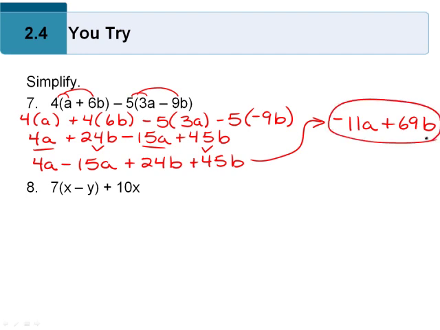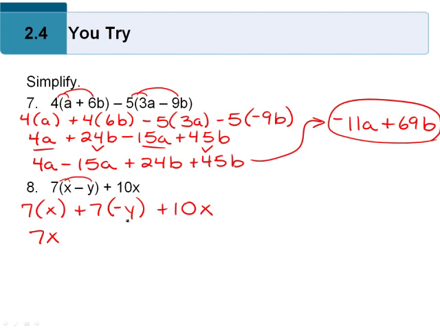Okay? And the last one. Yay! We're going to distribute the 7 times x minus y, and then eventually add on the 10x. So if we take 7 times those two terms, we're going to have 7 times x and a positive 7 times negative y plus 10x. So now we multiply. We have 7x.